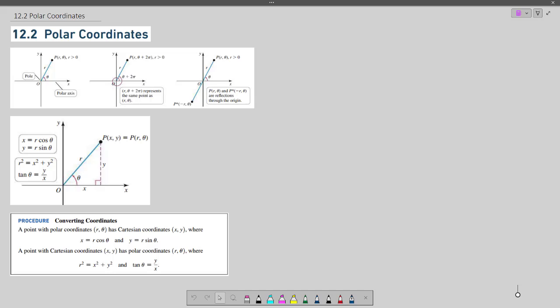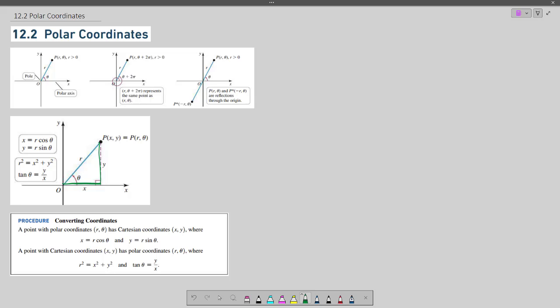In polar, instead, you rotate and then head out in that radial direction. So you go r comma theta. R tells you the distance to the origin, the radial value, and theta is always counterclockwise from the positive x.